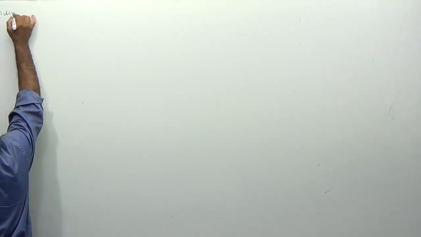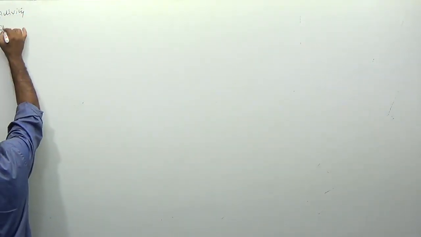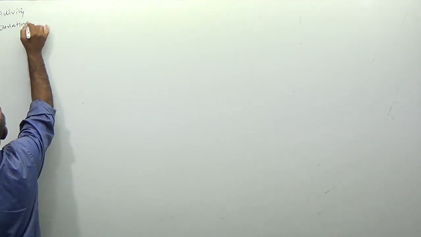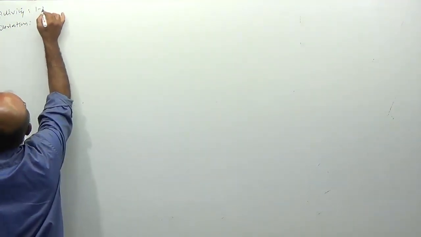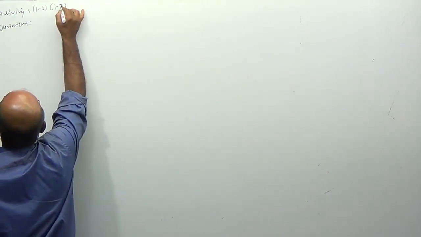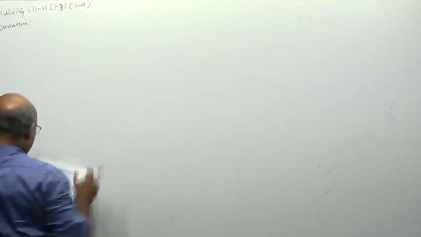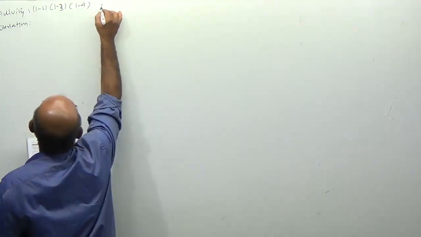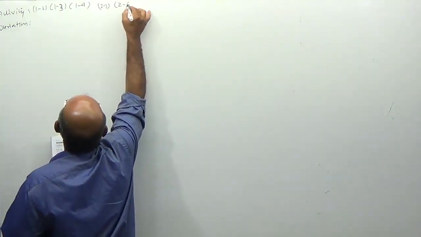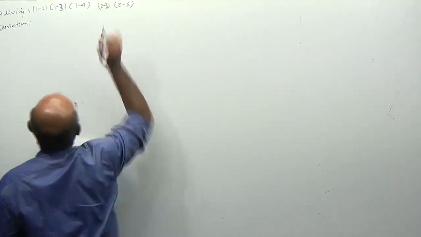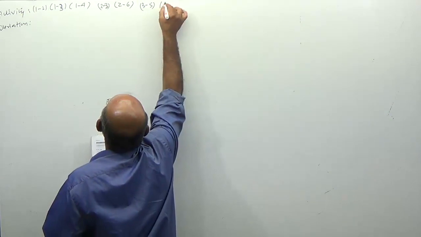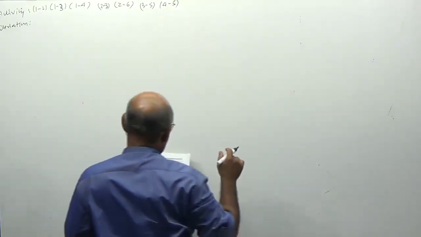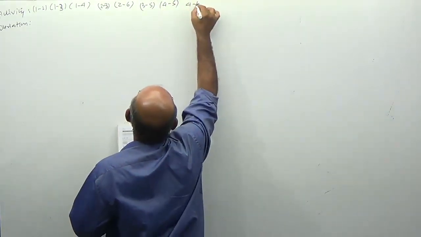Look at the next question. This is activity, duration. 1-2, 1-3, 1-4, 2-3, 2-6, 3-5, 4-5, 4-6, 5-6.